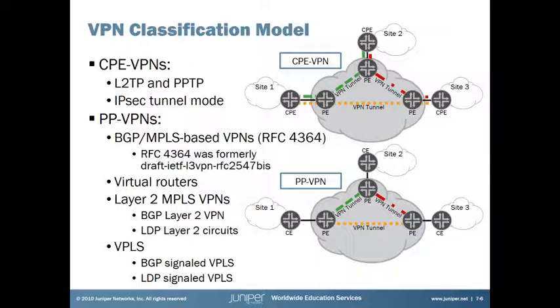So, with a service provider provisioned VPN, however, you can have your VPN traffic treated very differently to all other traffic. You can have your VPN traffic given a higher priority. You can have, as we've seen, different types of protection mechanisms within MPLS, like fast reroute or link protection.